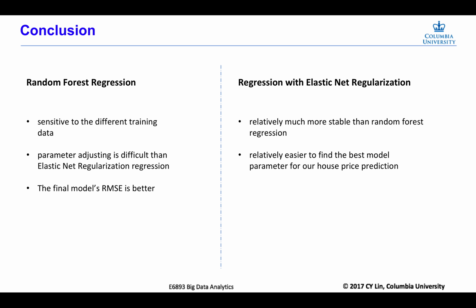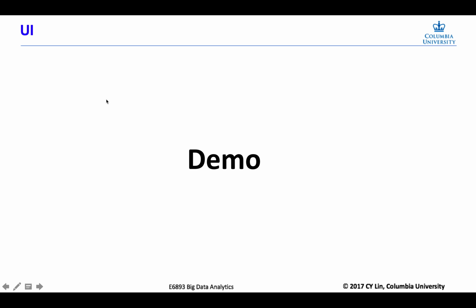When comparing these two models, though, the random forest model yielded a much better root mean squared error. So we decided to adopt the random forest regression model for prediction.